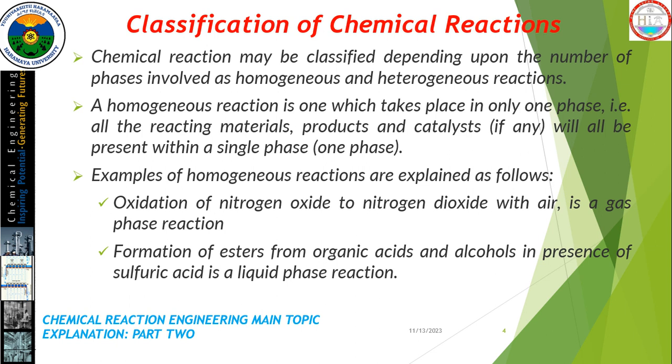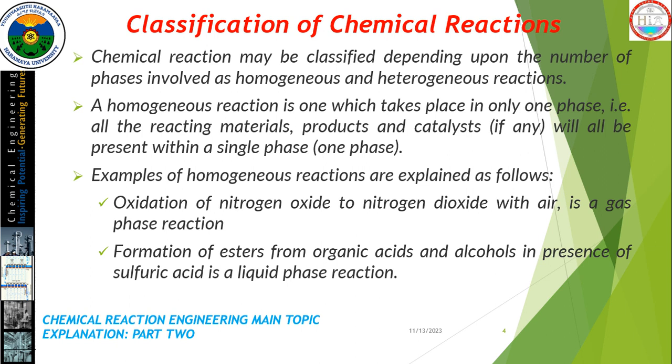So in this case, the reacting materials are ethanol, which is normally a type of alcohol, and the other one is acetic acid, which is a type of organic acid. Acetic acid reacts with ethanol with the help of sulfuric acid. Sulfuric acid is considered as a catalyst.